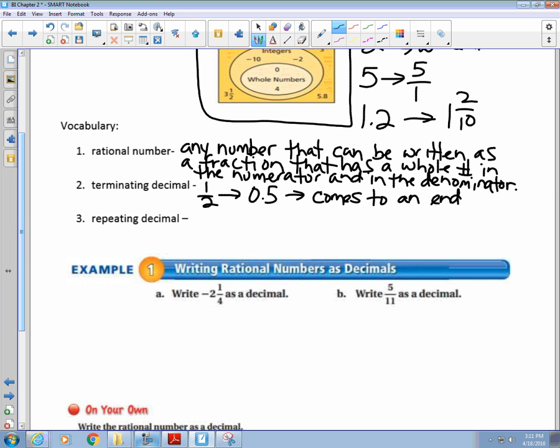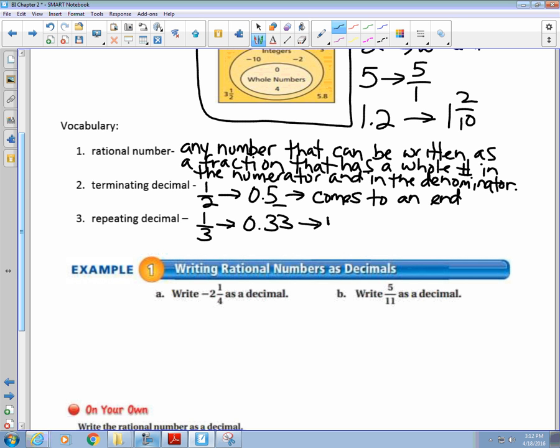All right. The other thing that a rational number could do, if it doesn't terminate, it could repeat. So let's take the fraction 1/3. If I turn that into a decimal, it's 0.3, and the 3 repeats forever. So a rational number could be one that if we turn into a decimal, it will terminate or end, or the key word is or, it doesn't have to do both, just or, it could also repeat.